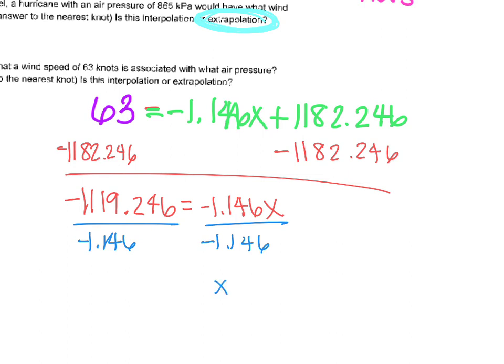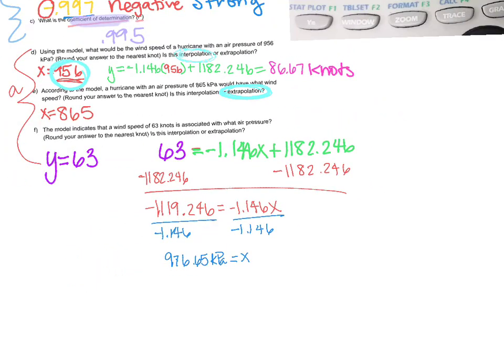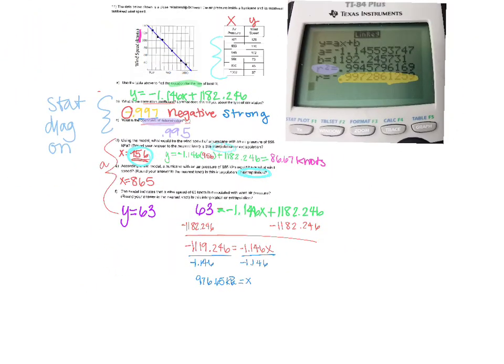And I get that x equals 976.65. And giving that units, that would be kPa, because that's what our air pressure was measured in. So that makes sense with what we said, that our answer should be somewhere between 968 and 990. So that lined up with that.